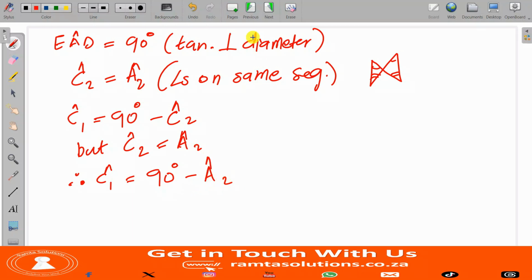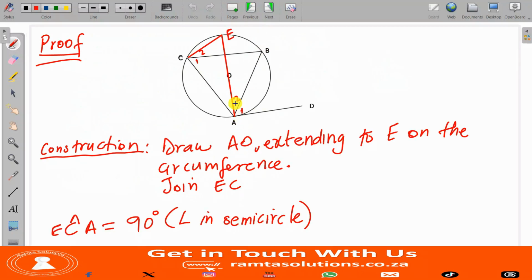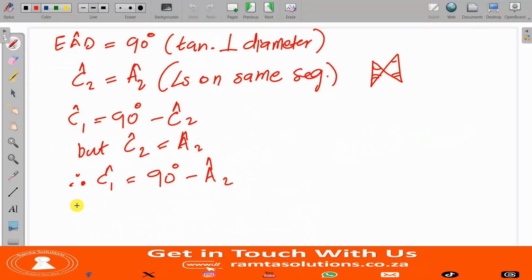Now, angle EAD, tangent perpendicular to diameter, is 90 degrees. We did say something about A2, so maybe let's get information about A1. What we know is that A1 plus A2 will be 90 degrees. Therefore, we can say angle A1 is equal to 90 degrees minus angle A2.